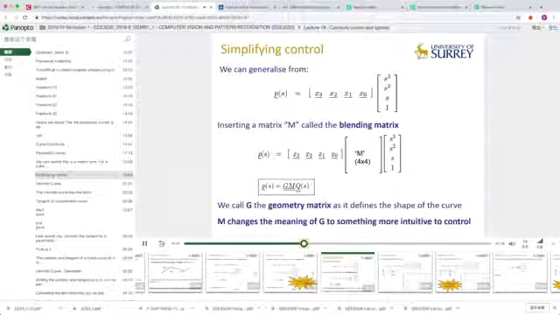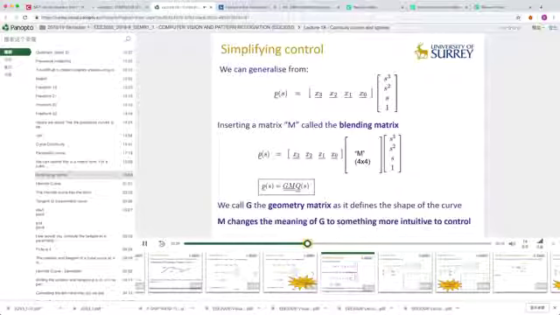So in order to control the curve this way, what we're going to do is introduce into this equation, P equals CQ, a new matrix, which is a 4 by 4 matrix slotted in the middle here. And this matrix we're going to call M, the blending matrix, okay? This allows us to change the meaning of the vectors that exist in the left-hand matrix, which we're no longer going to call C; we're going to call it G now, okay?